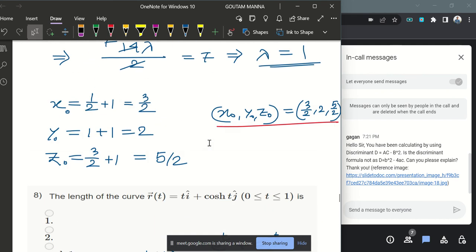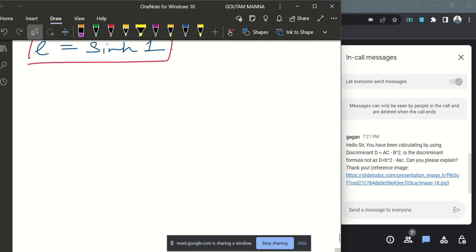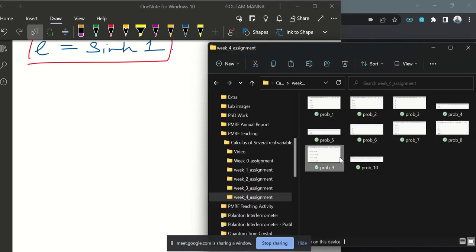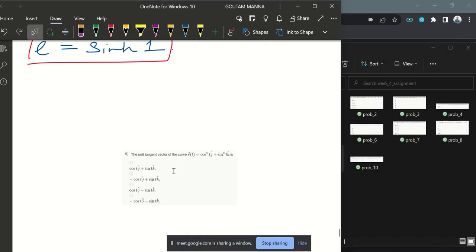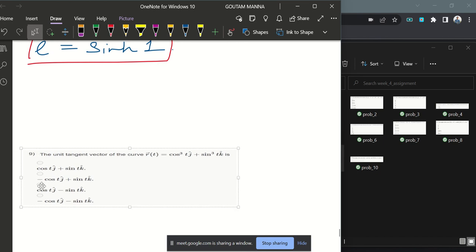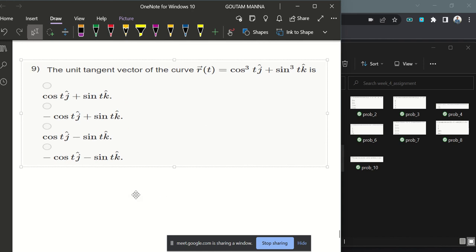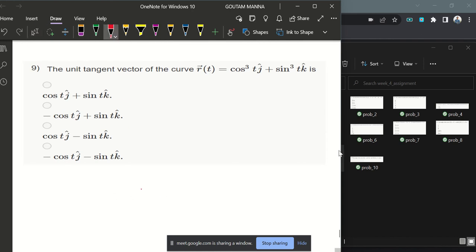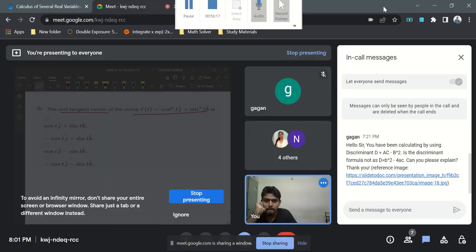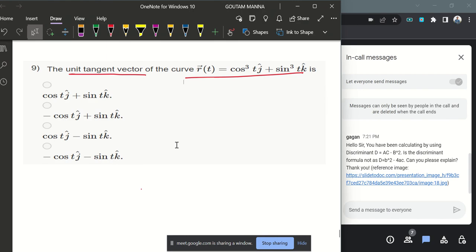So this was problem 8. So problem 9 is, you are asked to find out the unit tangent vector of this curve. So basically you are asked to find out the unit vector along the tangential direction.